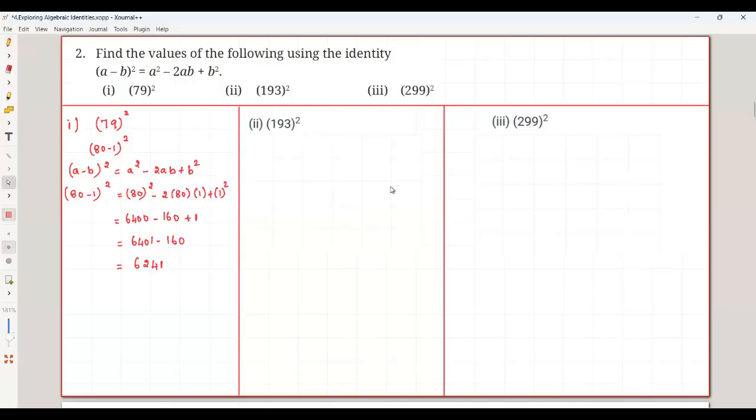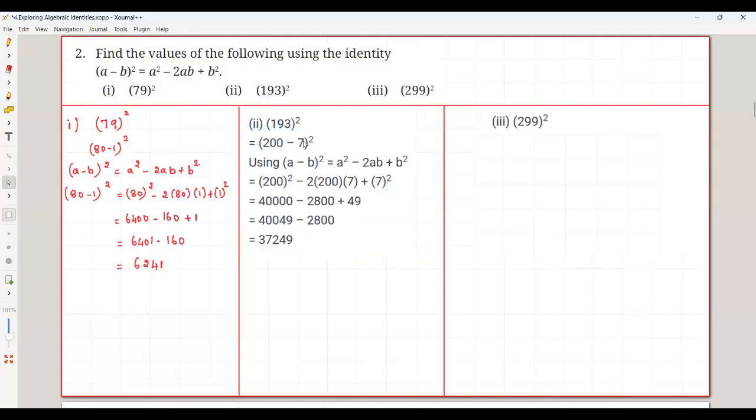Okay, the same way, so quickly I will complete this. 193 we can write as 200 minus 7, 200 minus 7 the whole square. Using a minus b the whole square is equal to a square minus 2ab plus b square. So 200 square minus 2 into 200 into 7 plus 7 square.